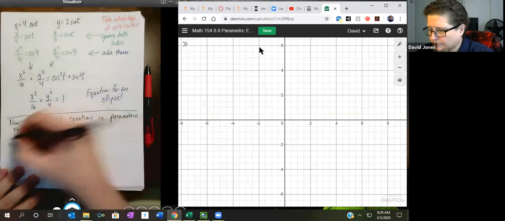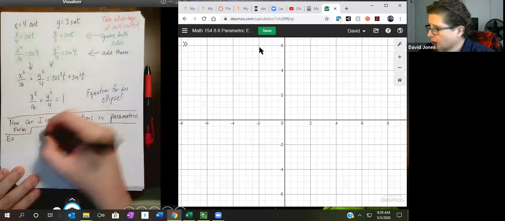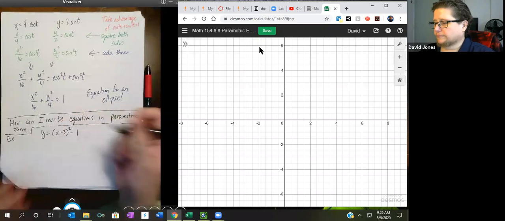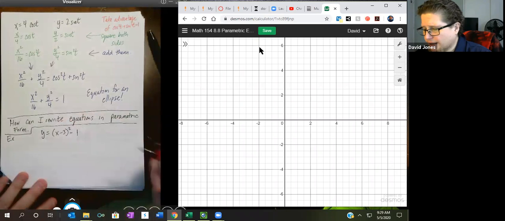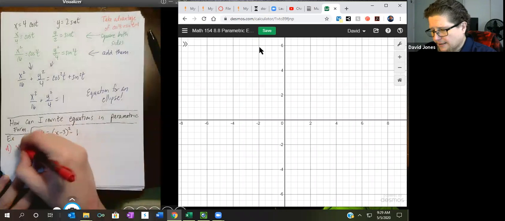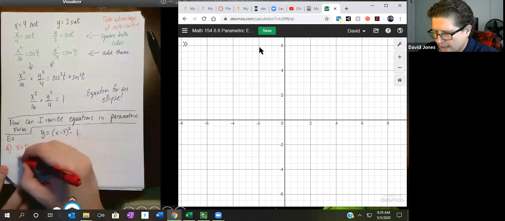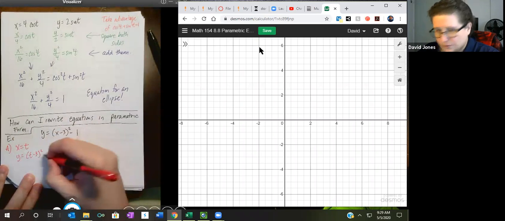So here's my example: y equals x minus 3 squared minus 1. Two common ways of doing it: just make x equal t. x equals t, and that makes y equal t minus 3 squared minus 1.